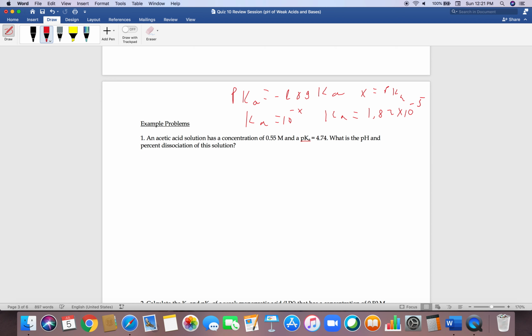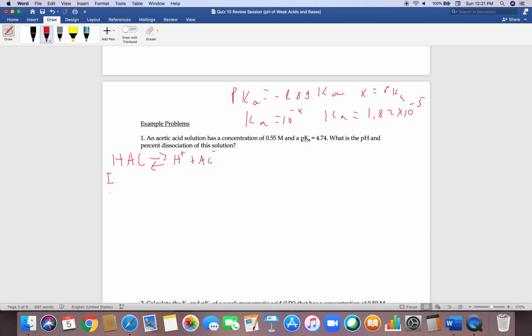So we're going to need that Ka, but let's write our reaction. We're given acetic acid, and it's a weak acid, so we don't need to include water, but we must include the equilibrium shift, and we get our hydrogen ion and our acetate anion. Now I'm going to write my equilibrium or ICE table, however you want to represent it.